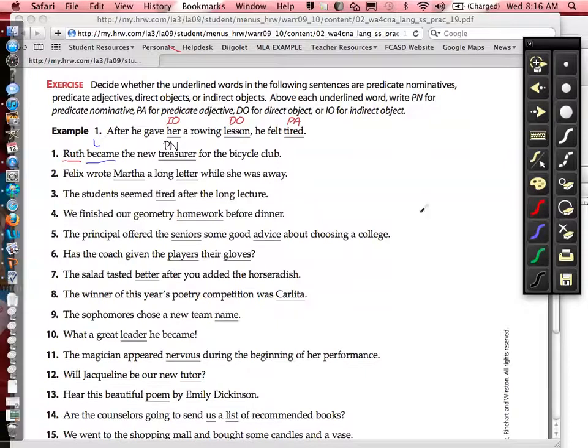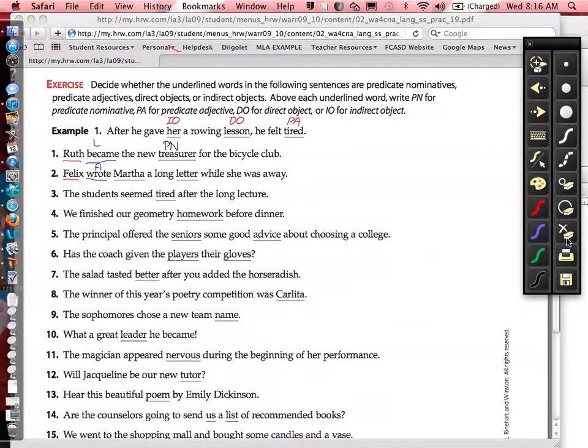Next one. Number 2. Felix wrote Martha a long letter while she was away. What's the subject? The subject is Felix. What's the verb? The verb is wrote. Is that an action verb or a linking verb? It's an action verb.